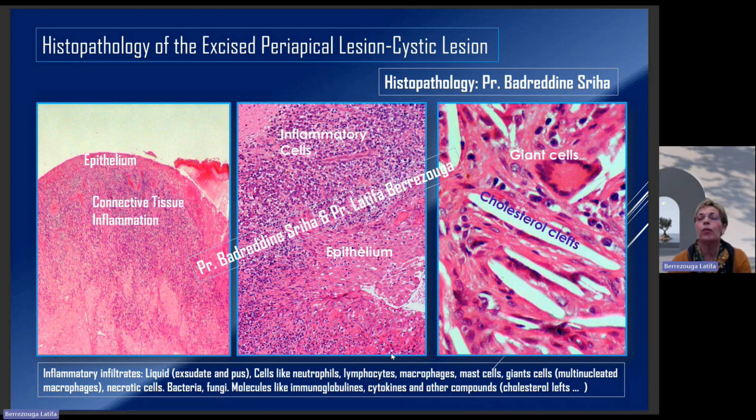So the reaction of the immune system in inducing a periapical lesion is very complex.